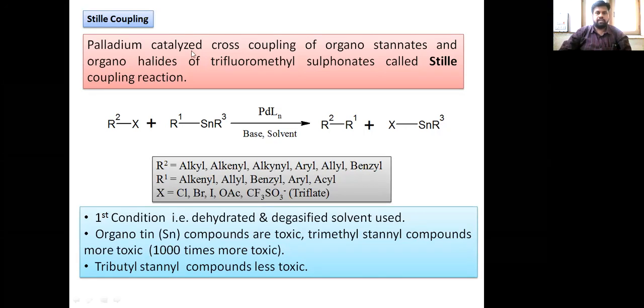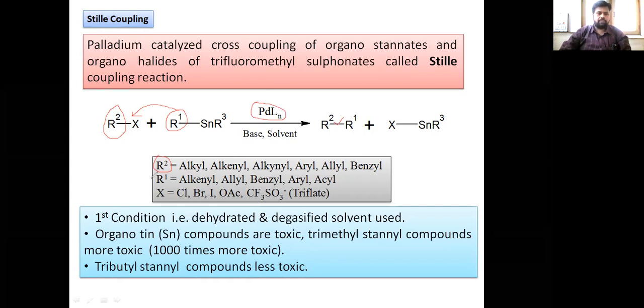Here we can see the halide reactant, and this has to be substituted at this position. This is the palladium catalyst, and here a bond is formed. Here the R2 groups we have used are alkyl, alkynyl, aryl, allyl, or benzyl.